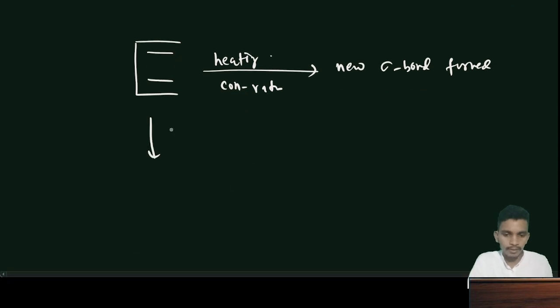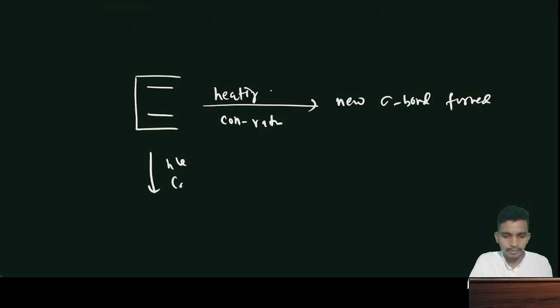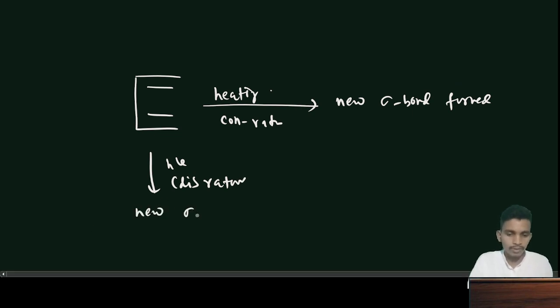And if it is photochemical conditions, then where do I get the bond? On disrotatory, the new sigma bond forms. So this is one substrate.